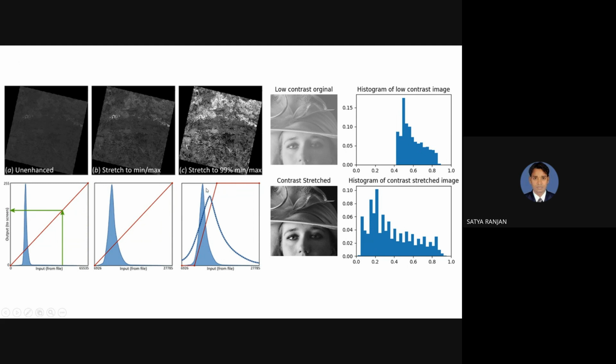So peak value information gradually decreases and we lose some of the information, but overall the information of the image is distributed in larger ways. So this is the minimum and maximum enhancement.